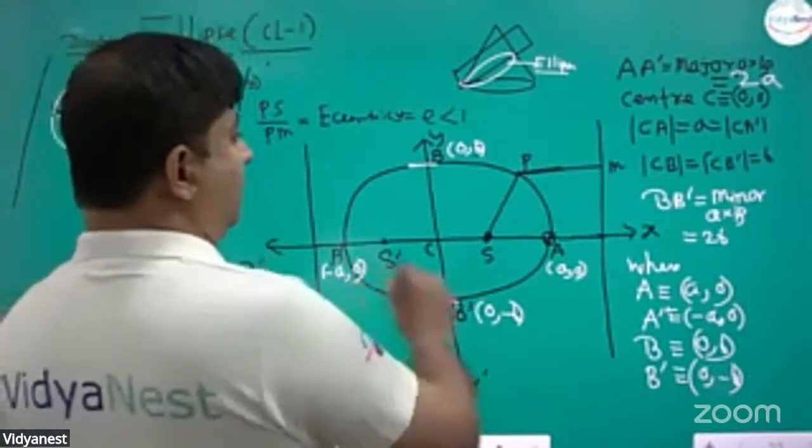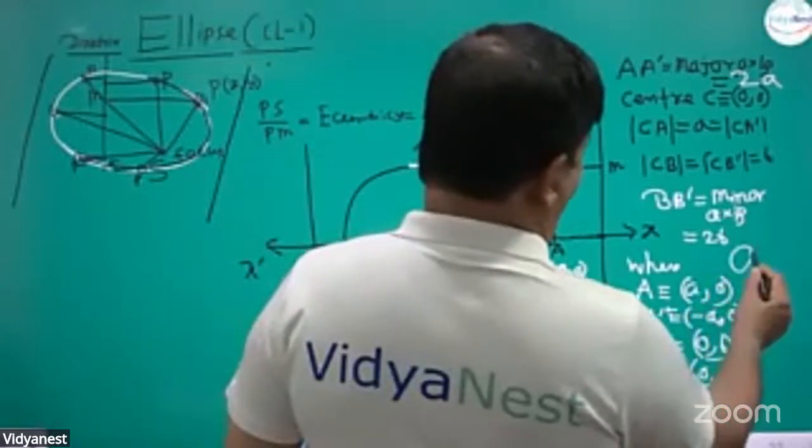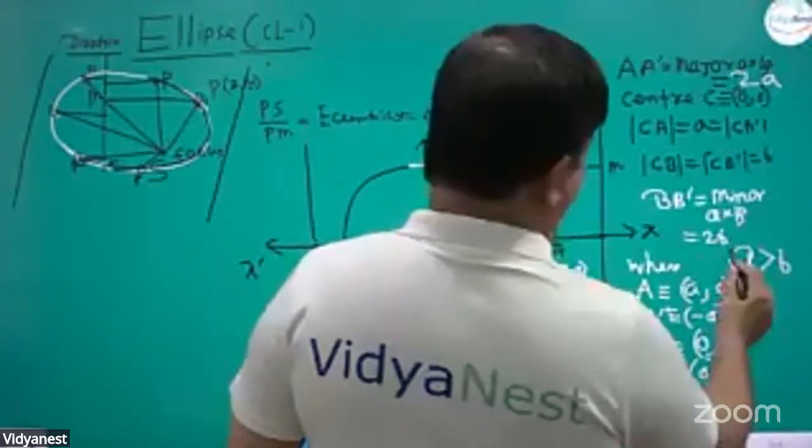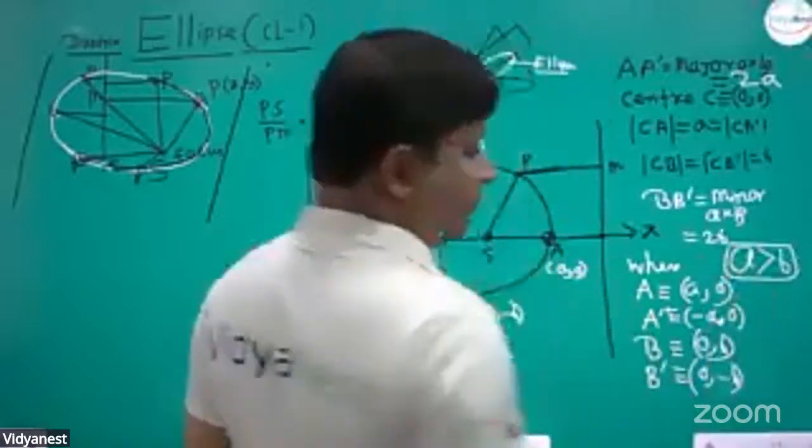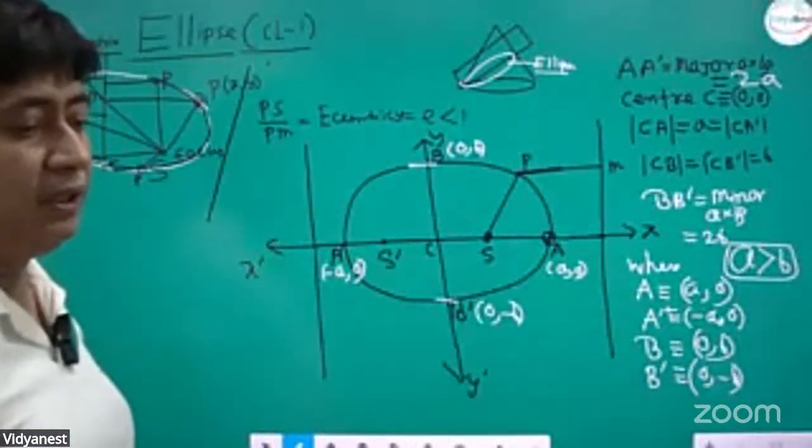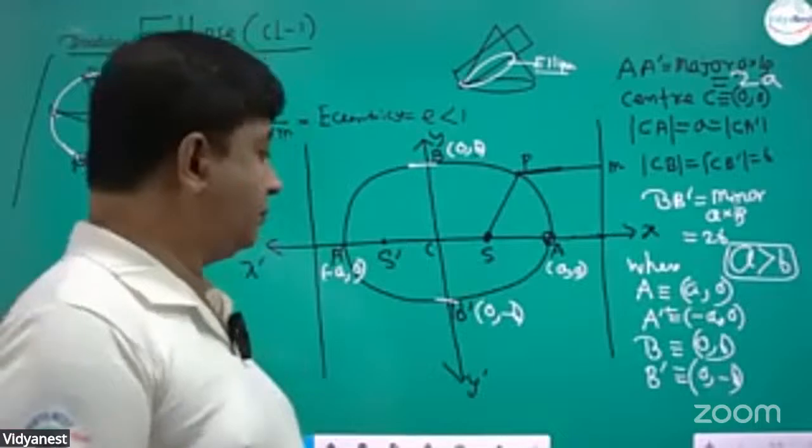Here clearly visible A greater than B. A greater than B. Okay.